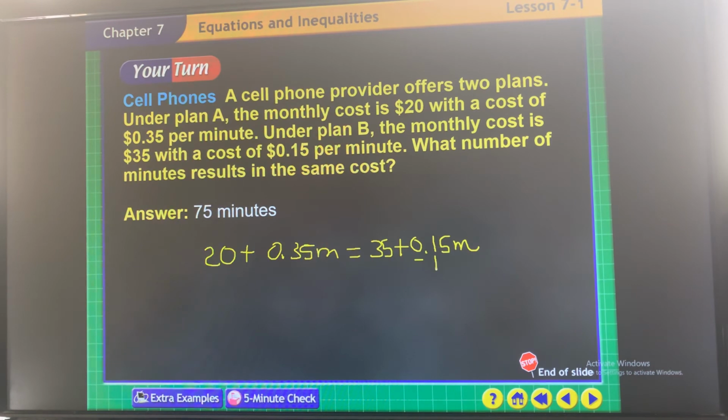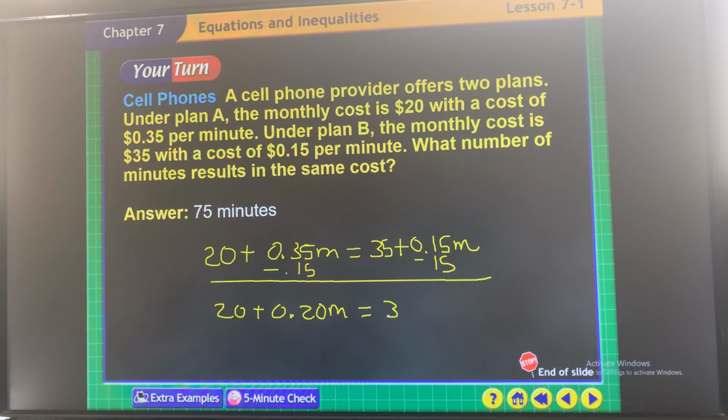So do negative 15 cents to both sides here. And then you'll have 20 plus 20m is equal to 35. Negative 20 from here, put it over here. And I have 20m is equal to 15.